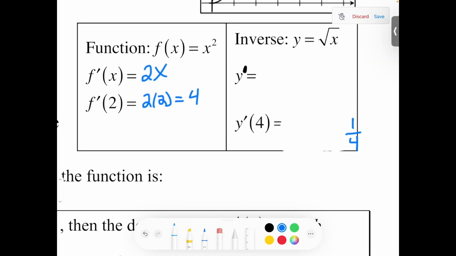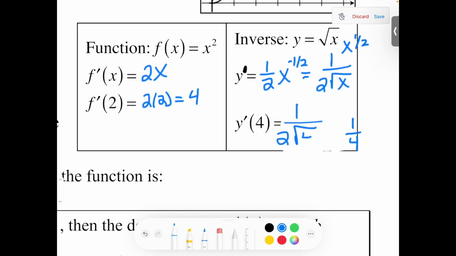So here we've got square root of x, which is x to the 1/2. The derivative of that would be 1/2 x to the -1/2 power, which is 1 over 2 times the square root of x. We move the -1/2 to the denominator, make it positive, and switch it back to a square root. We're going to plug 4 into that. We get 1 over 2 times the square root of 4.